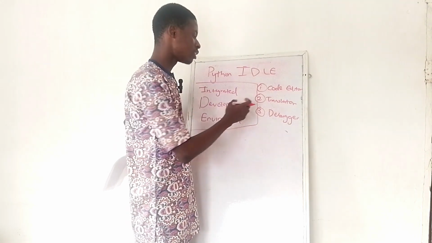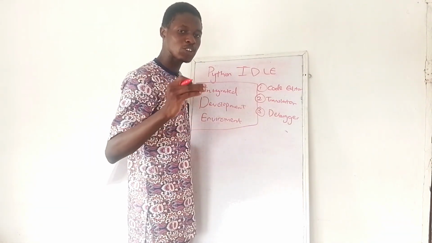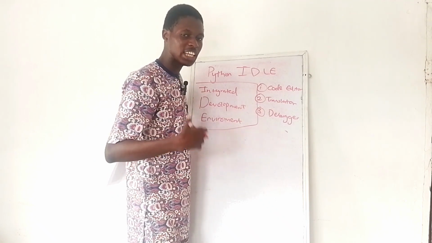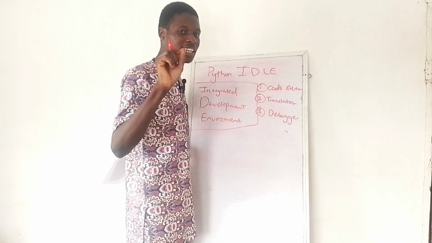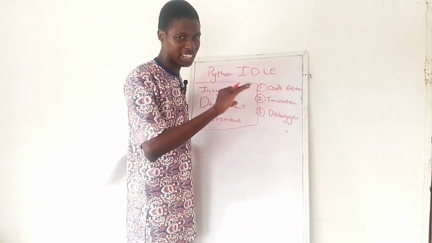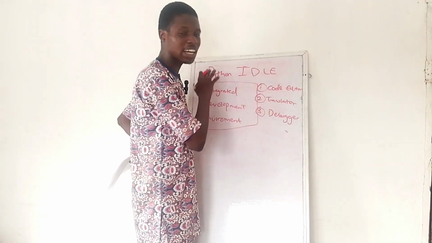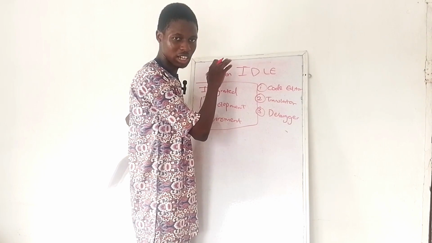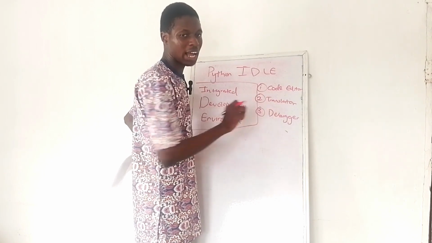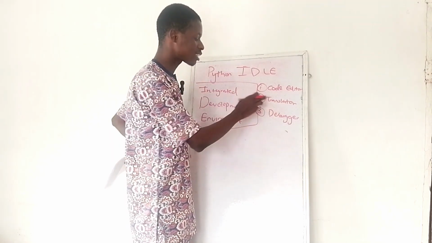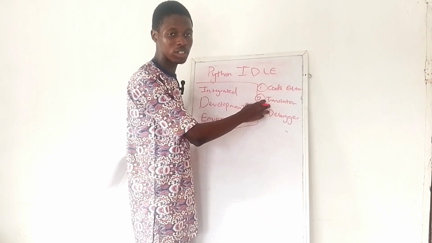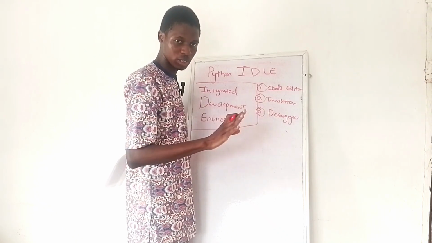Translator means, once you have written the code, okay, I told you that Python is more like English. Now the thing that will translate that English into what the computer will understand, that's what? Translator. And if you remember, I said that the translator Python makes use of is what? Interpreter. Please, do you get?